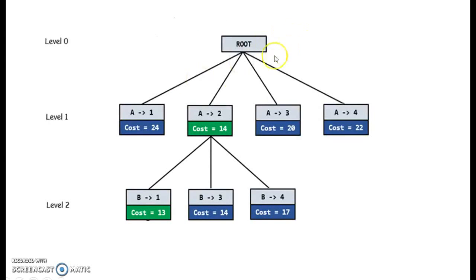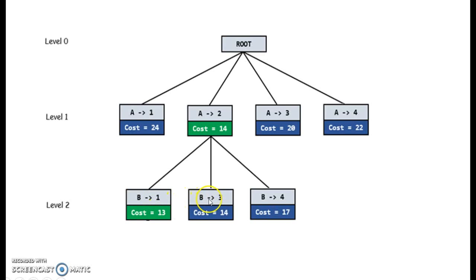Now our tree was, if we assign job number 2 to person A, then cost is 14, which is the minimum. Then we check for job number 1, job number 3 and job number 4, except job number 2, for person B. If we assign job number 1 to person B, its cost is 13.